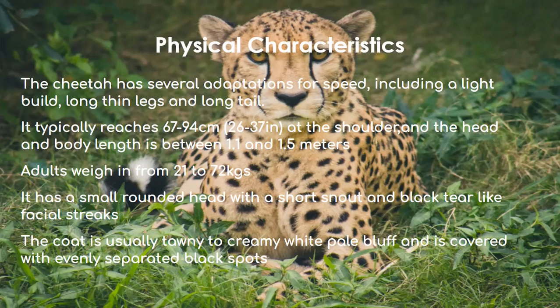You saw that in the previous slide. And it has a small rounded head with a short snout and black tear-like facial streaks. So in the picture in the background, you can see those tear-like facial streaks. And they have a coat which is usually tawny to creamy white, pale, buff, and is covered with evenly separated black spots.